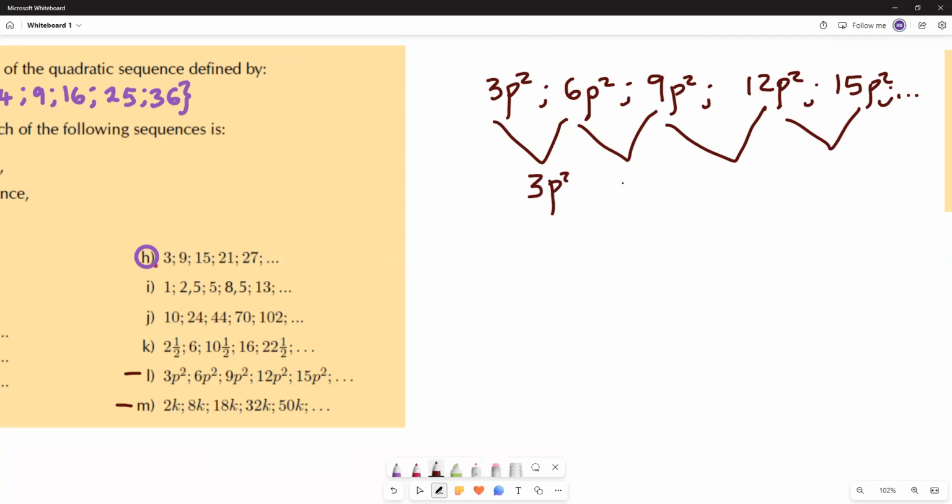This minus that gives you 3p squared again. This minus that gives you 3p squared, and then 3p squared. So you can see that this pattern is a linear pattern because there's a first constant difference. You always write those things down, but to save time, I wrote them for the first two. So you will always use those reasons, right? So that was our L.